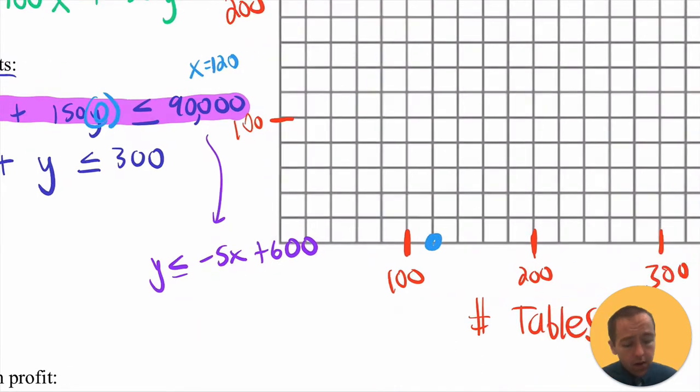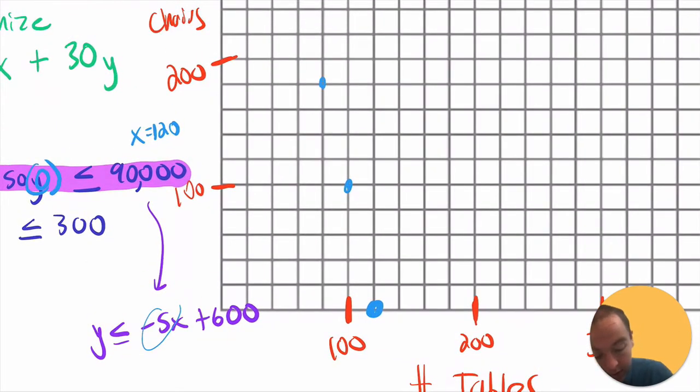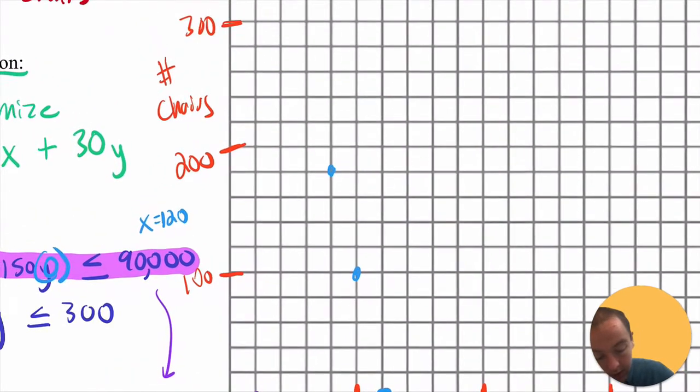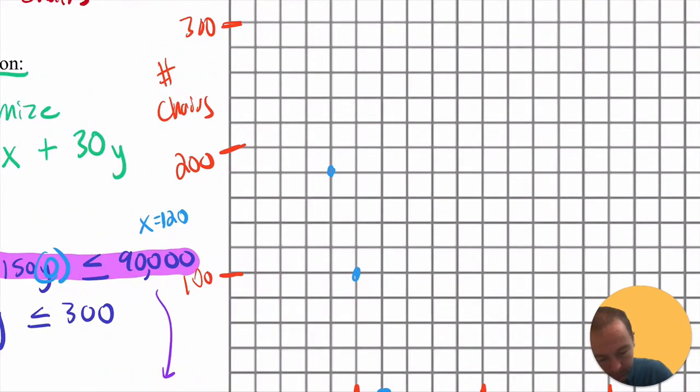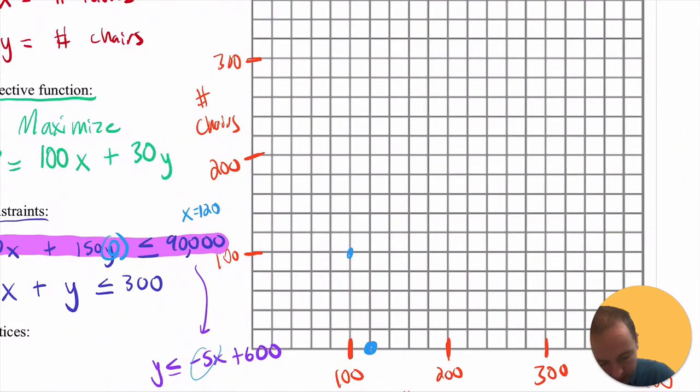And then because when I made this graph, I made the scaling of the x and the y's exactly the same, if I use this -5, then I can just go at a -5 slope like you're seeing here. Oh, I went off a little bit there.